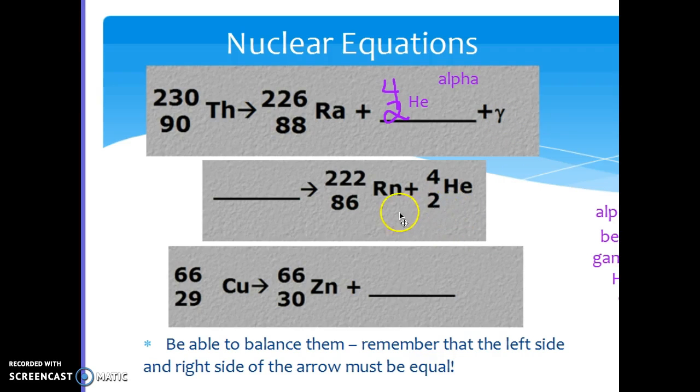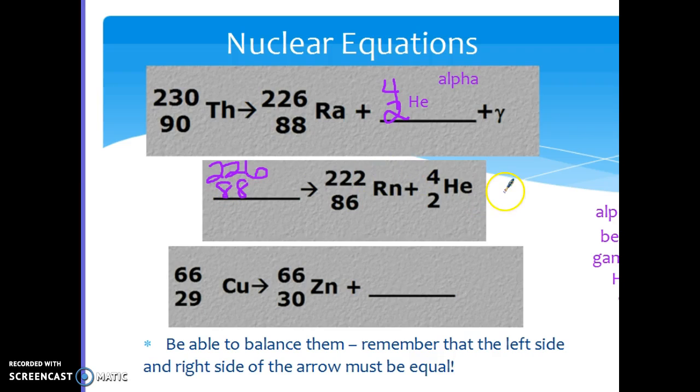Okay, with the second example, we have our alpha particle here, and we have radon here, but we don't know what element belongs here. Well, if it is on the right side of the equation like this, all you have to do is add them. So 222 plus 4 is 226. Okay, same thing here. 2 plus 86 is 88.